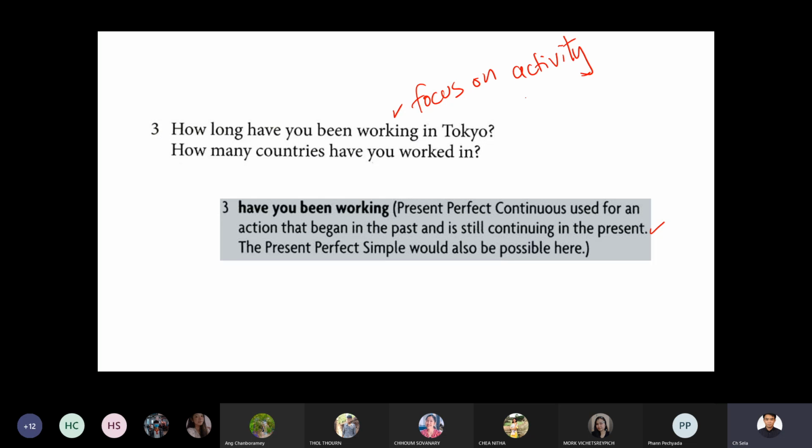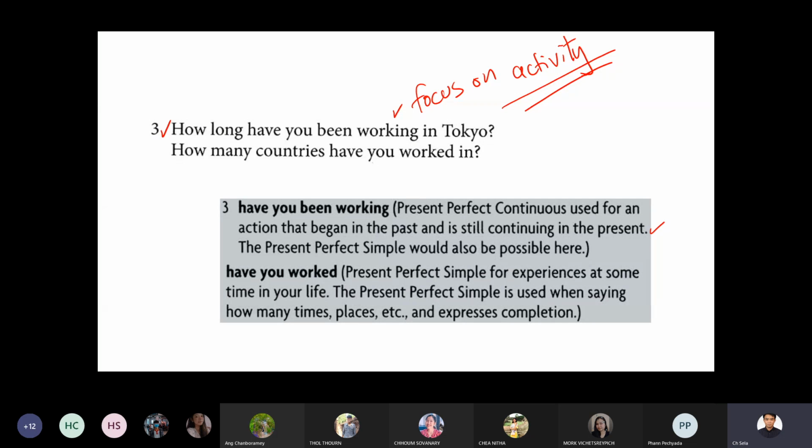Present perfect simple would also be possible for this one. But the reason you use present perfect continuous is that you want to get the listener's or your partner's attention on the activity. And the second one, have you worked, is present perfect simple for experiences at some time in your life.